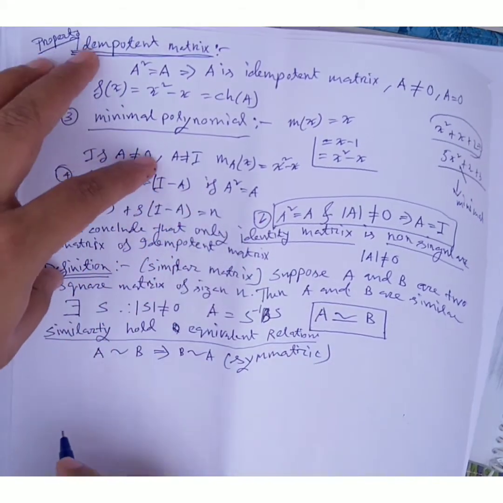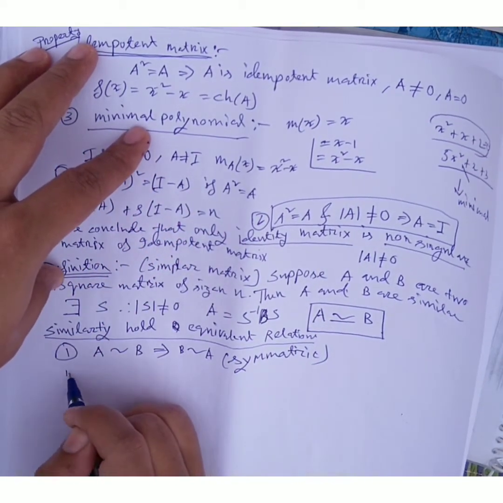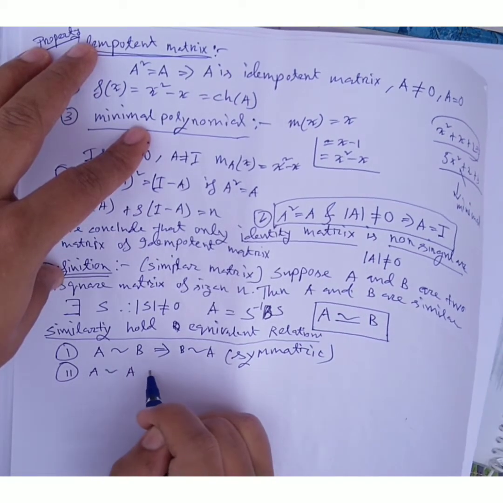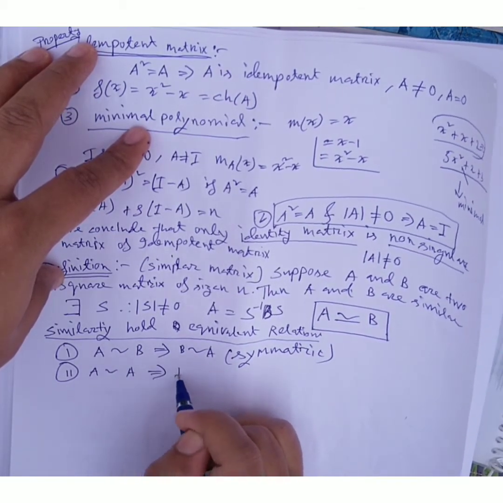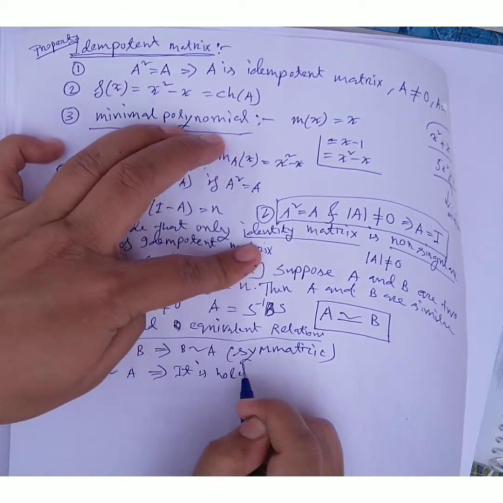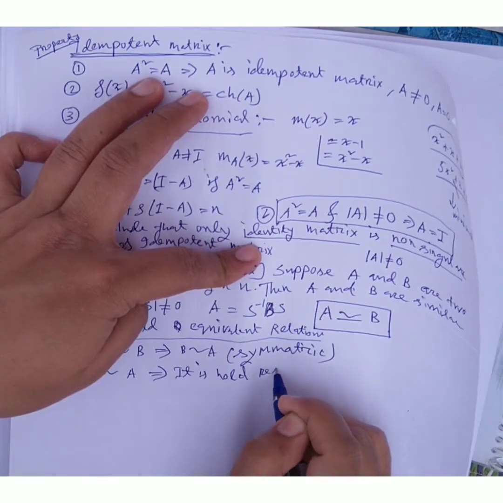This property will hold. Number 1, A similar to A, which means it holds the reflexive property.